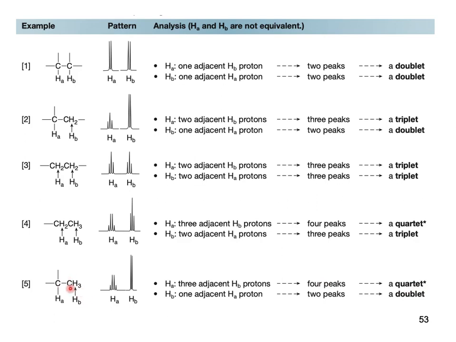And then this one gives the information about its adjacent proton. How many? Only 1 adjacent Ha proton, so 1 plus 1 is 2. That's why it is a doublet. So this is called spin splitting, which gives the information about the neighboring carbon or neighboring proton environment.